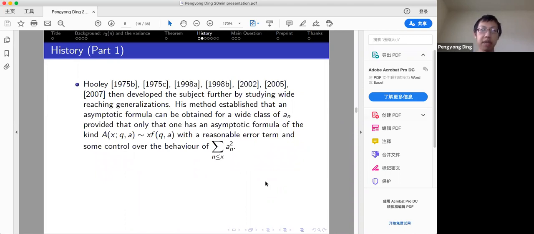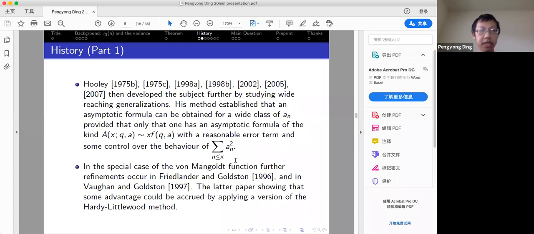His method established that an asymptotic formula can be obtained for a wide class of a_n, provided one has an asymptotic formula that A of S, Q, a is asymptotic to X times F of Q and a; in other words, if the global property M of S equals X, then we can find such an asymptotic formula with a reasonable error term, and the main term is based on the second moment sum.